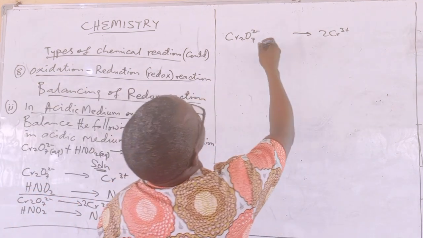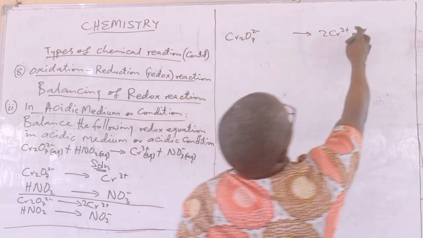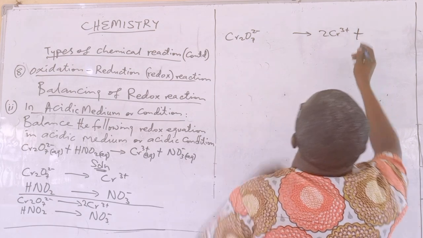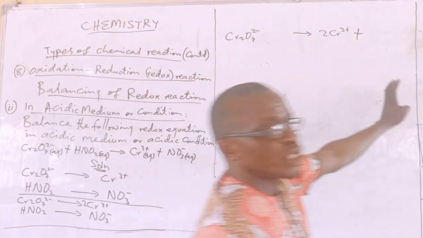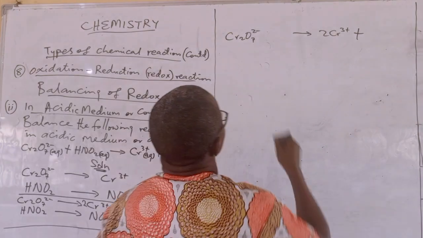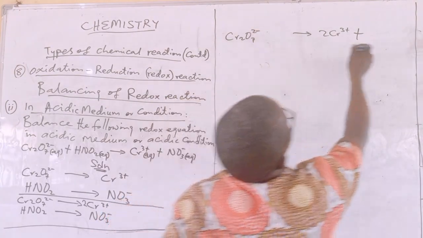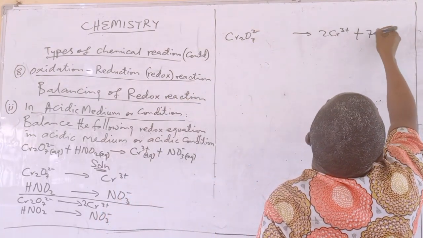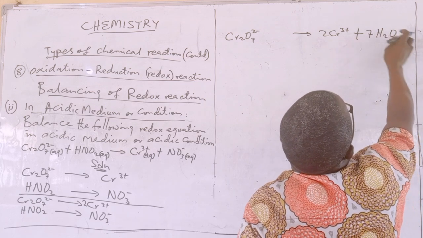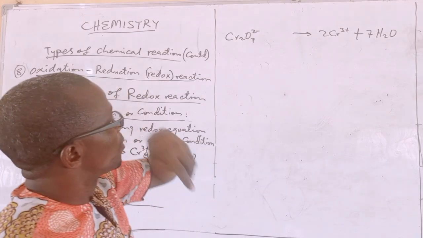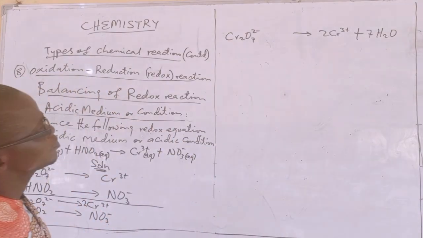With water molecule. I have oxygen here, but I don't have oxygen here. Because balancing means whatever thing you have here should be equal to what you have here with the same number. So oxygen is 7 here. I should use 7 H2O, so that this oxygen is 7 now. So I have balanced the oxygen there.